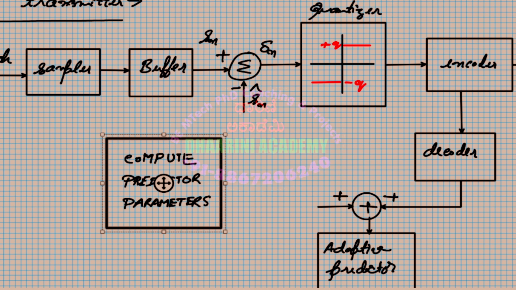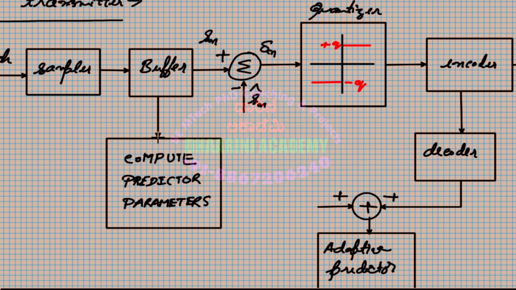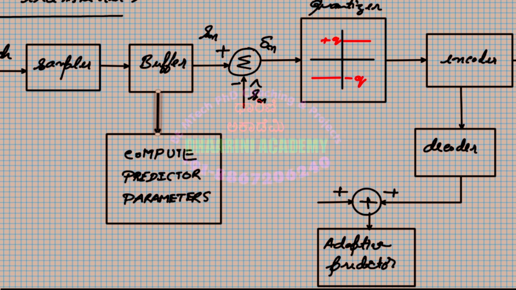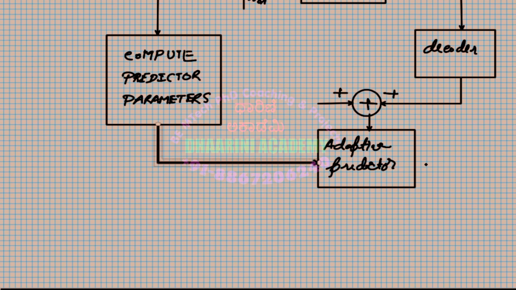So what we did was pass the values of the buffer into a circuit which performs the computation of the predictor parameters. Those parameters in turn are given to the predictor, so it uses those values to predict something. And now I'll give this as a different input.